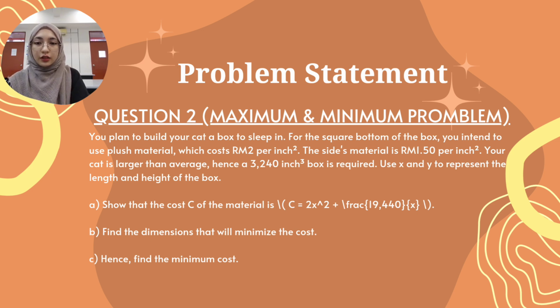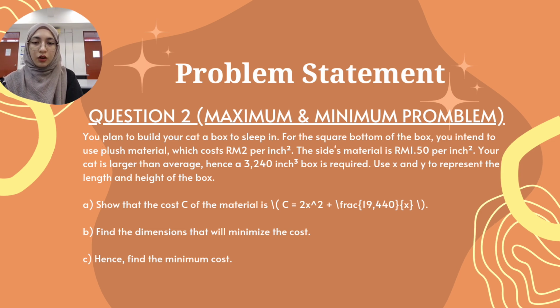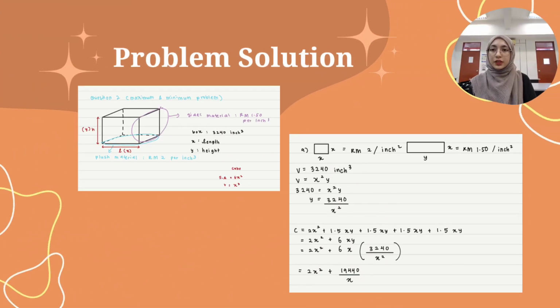I will be explaining the answer for question number 8. Show that the cost C of the material is C equals 2x squared plus 19,440 over x. We need to define variables and constants. X is the variable representing some dimension, which is length. Y is another dimension, which is width.